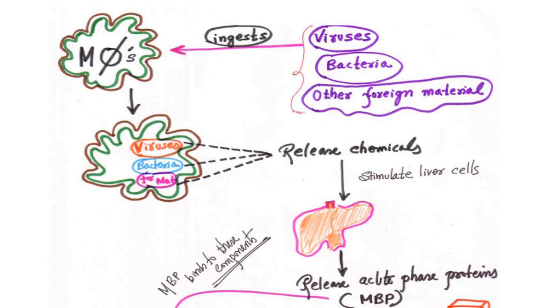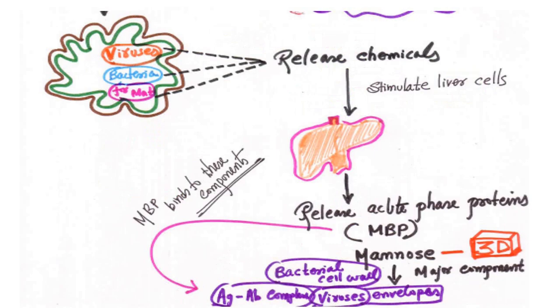Liver in turn will release acute phase proteins such as MBP, mannan binding proteins, or MBL, mannan binding lectin, or C-reactive proteins. These proteins will give a conformational docking site for the mannose sugar on the bacterial cell wall, antigen antibody complex and the virus envelopes, and this is how the mannan binding lectin or mannose binding lectin gets initiated.